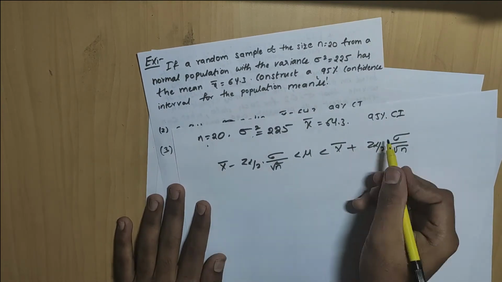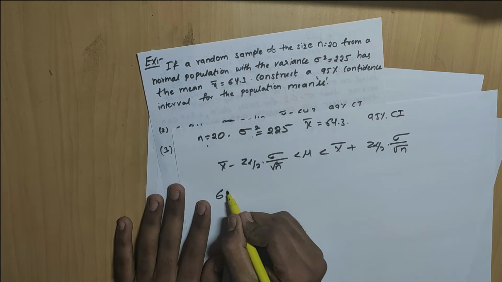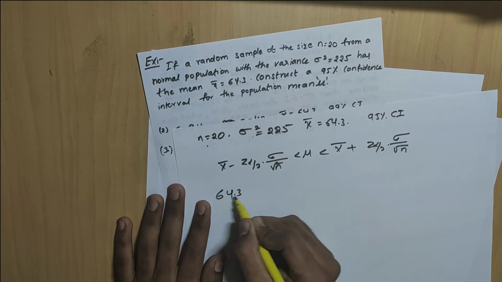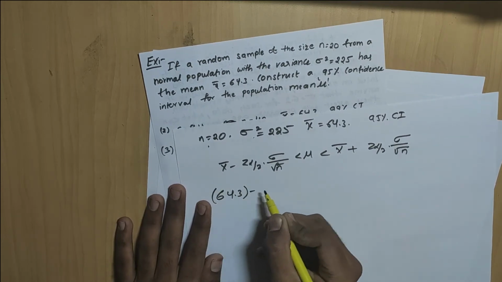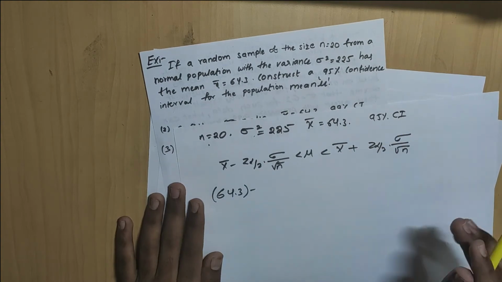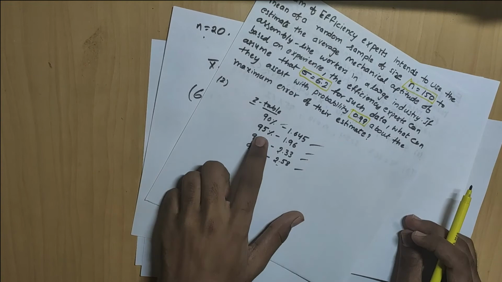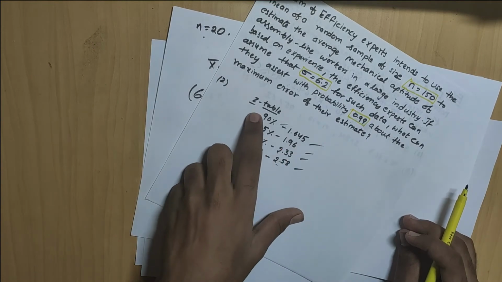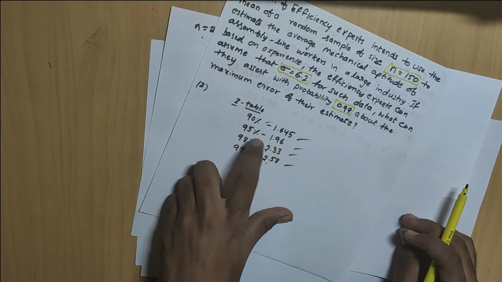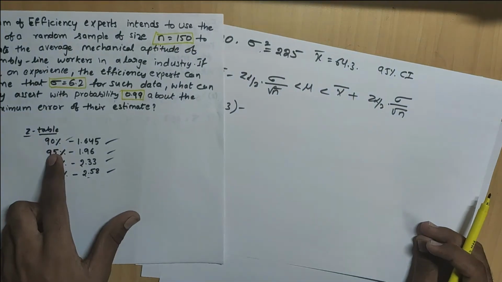Okay, here x bar is given, 64.3, and z alpha by 2 for the 95% confidence interval. I have already told you we should remember these values: for 95% it is 1.96.